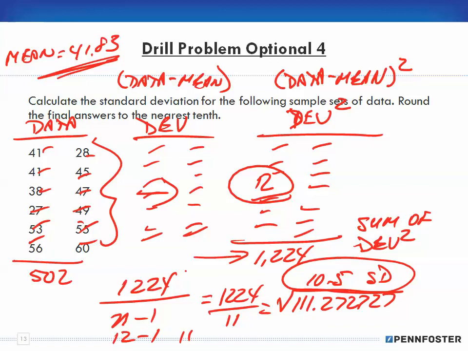Then all I'm going to do is hit the square root button, and that gives me that standard deviation. It actually ended up being 10.548588, but because I'm rounding to the nearest tenth, I only need 10.5 as my standard deviation.